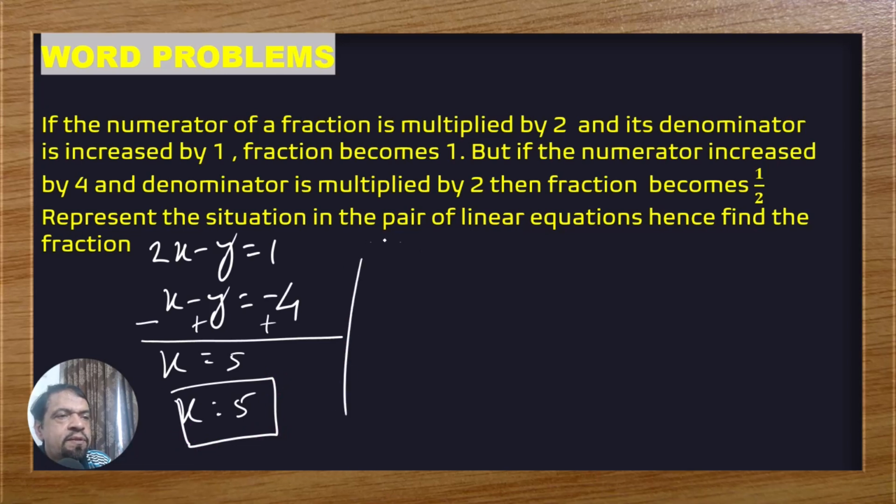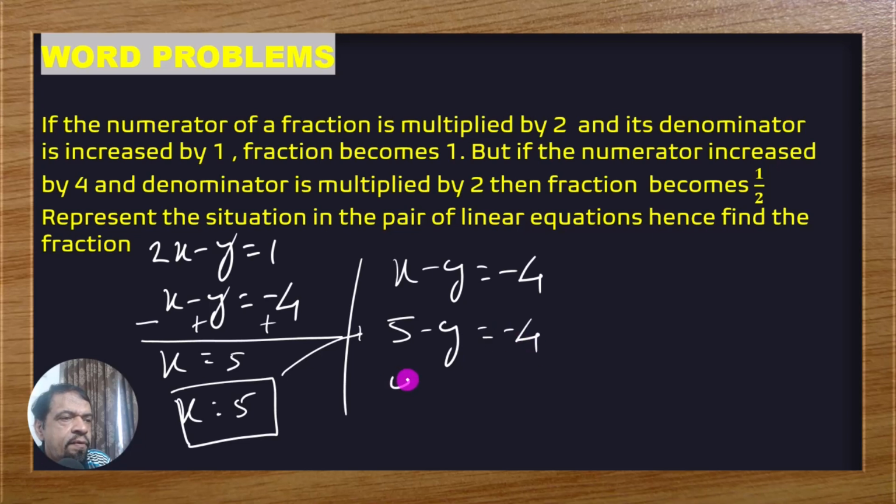Now let us find y. x minus y is equal to minus 4, so 5 minus y. I am keeping 5 in place of x. Minus 4 minus 5 is minus 9. So y is equal to 9 because minus minus cancel.